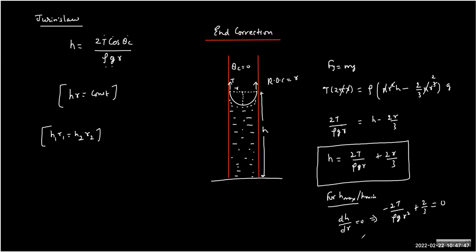So you can directly write d2h by dr square is how much? Positive, correct? So you can see the minima condition is obtained.